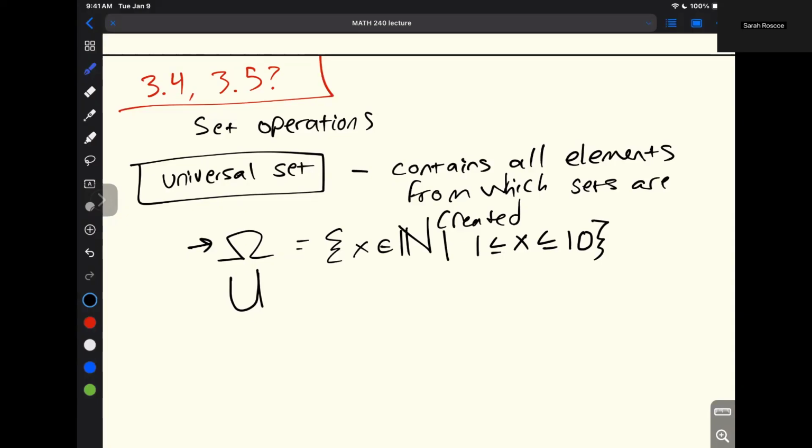I would like you to think, if we list out all the elements of the universal set, what is that? It seems super complicated, but we can just list them. Turn to your neighbor. What is this set? How can we write it more simply?